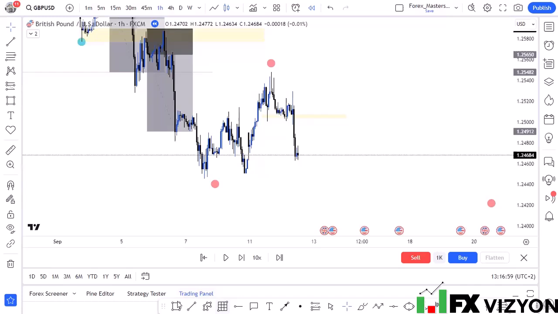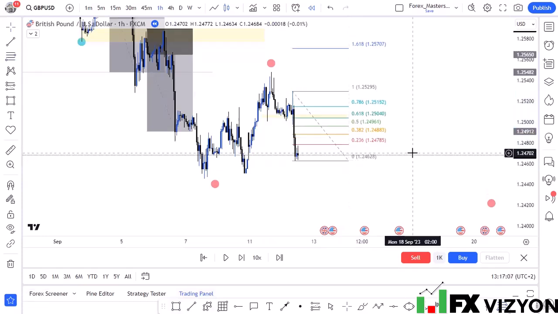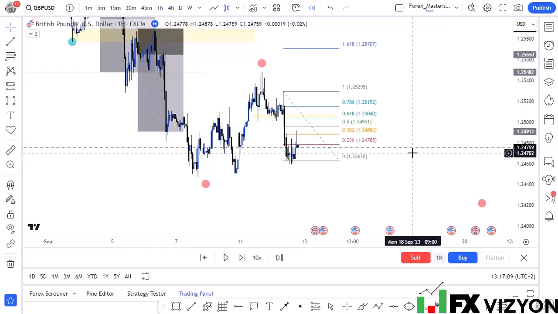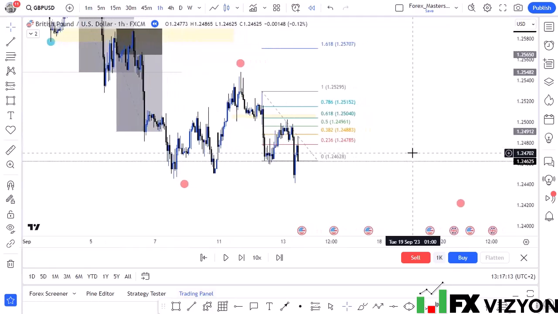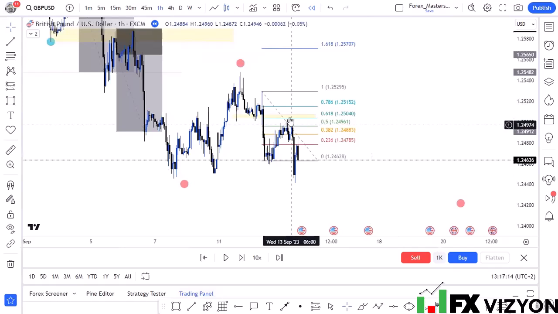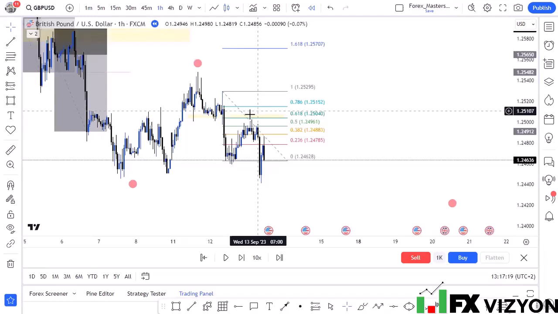I don't know whether price is going to pull back. Sometimes the market may give us those nice entries, and sometimes it may not work. It all depends on what the market is planning to do. In this scenario, it worked. Price pulled back into this area, and then we had a bearish pin bar, and another candlestick which pushed to the downside.